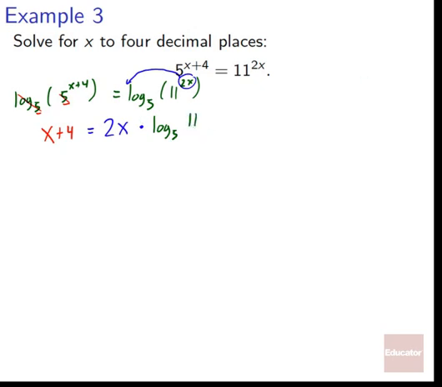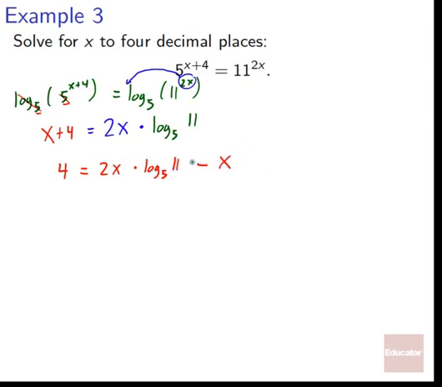All right, so at this point, we want to try to get our x's together. So actually, we can subtract x on this side, and we'll get 4 equals 2x times log base 5 of 11, minus x.